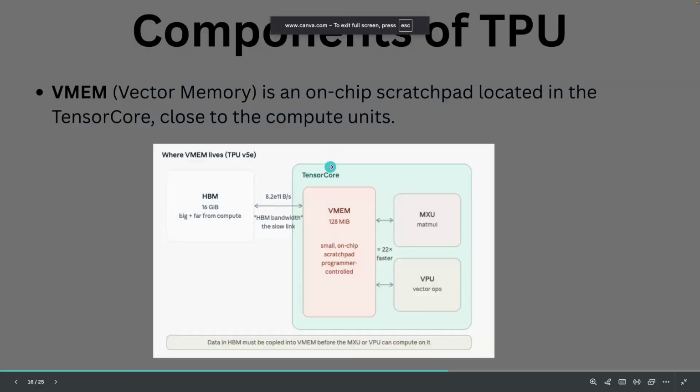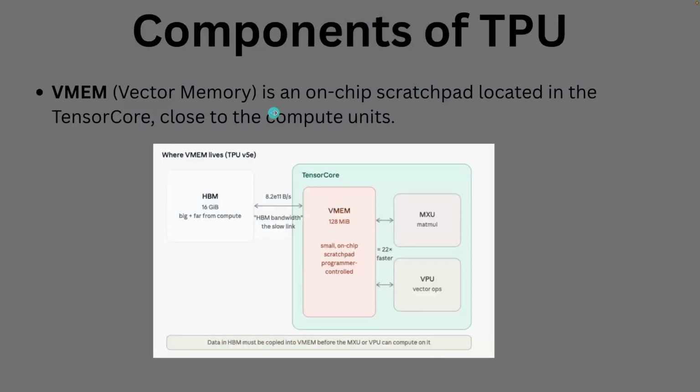The next one is vector memory, which is an on-chip scratchpad located in the tensor core close to the compute units. All the activations and weights in HBM need to be transferred to vector memory, which has a certain bandwidth in a TPU v5e architecture. This data is then transferred to the MXU or VPU to do the operations.